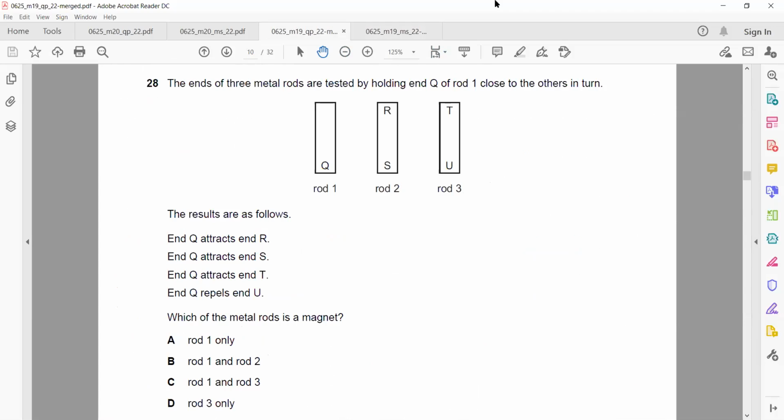So end Q of a rod is placed close to the other rods as well. When end Q is placed near end R, it is attracted. When it is placed at end S, it is also attracted. But when end Q is placed at T, it is attracted, and when it is placed near U, it is repelled. Which of the metal rods are magnets?